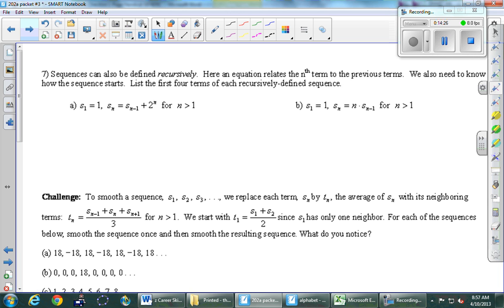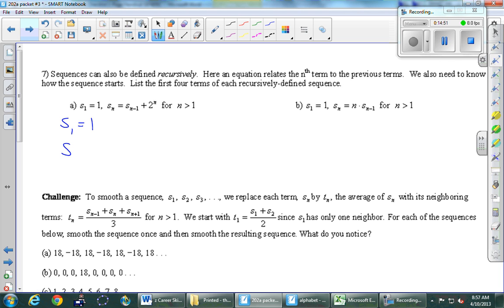First, a list of 4 terms for each. Okay, so let's try this one together. All right, so the first one says that S1 is 1. That's the first term in the list. And then it tells you a formula to get the nth term. So let's list the first 4 terms. The first term is easy, it's given, it's the number 1.